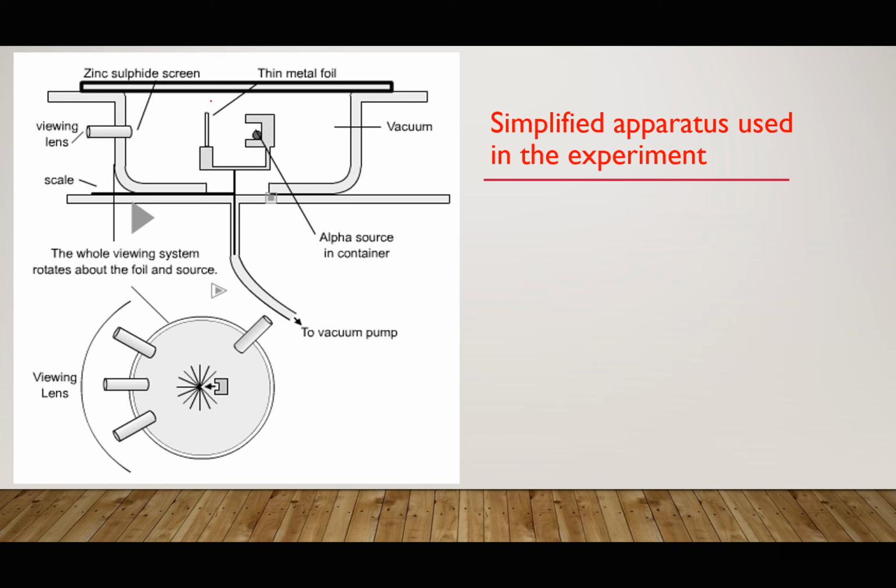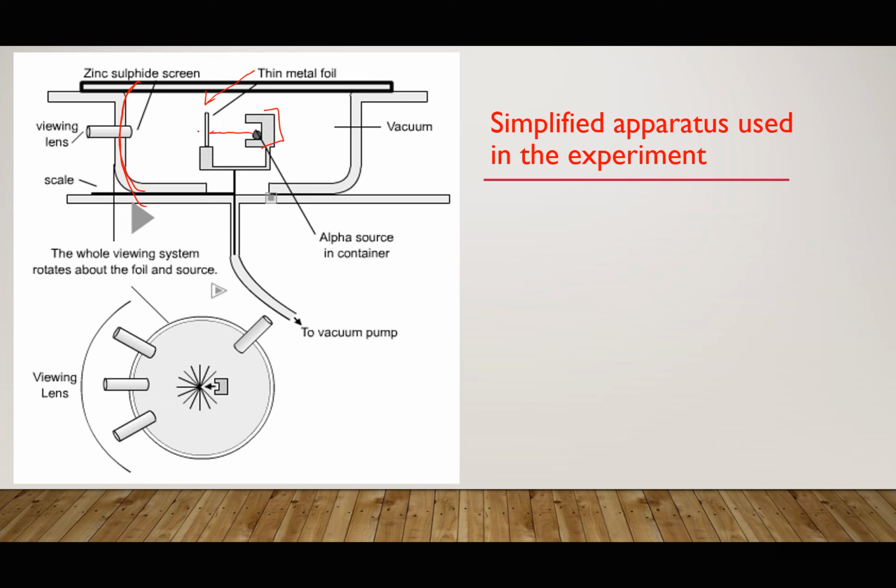We need a thin foil, it could be gold or mica, and we need a source of alpha particles which is directed towards the thin foil of mica. And of course, we need a viewing lens the other side, which could be a traveling microscope, to observe where the alpha particles would hit on the screen.